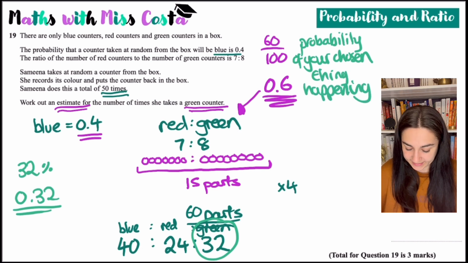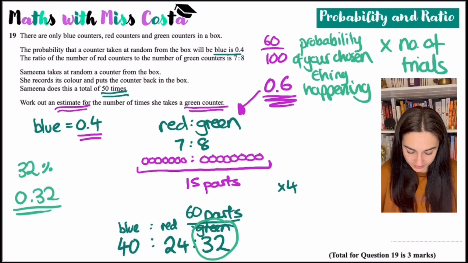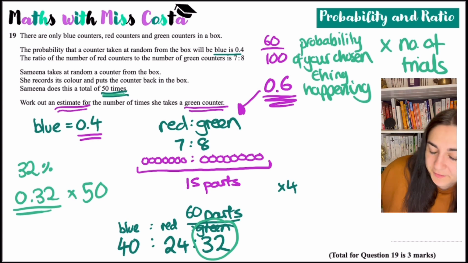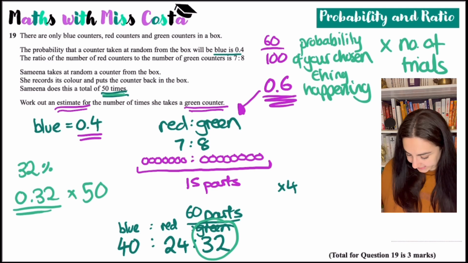In this case, it's a green counter. The probability of getting a green counter is 0.32. And you multiply that by the number of trials, which means the number of times you do something. So in this case, it's 50 times. So we're going to do 0.32 times 50, which gives me 16.